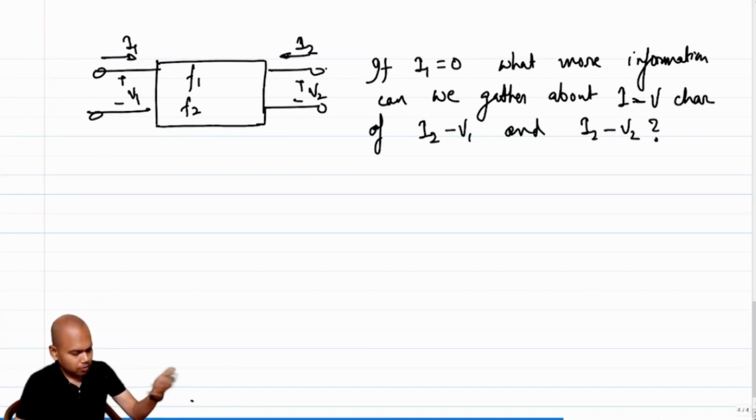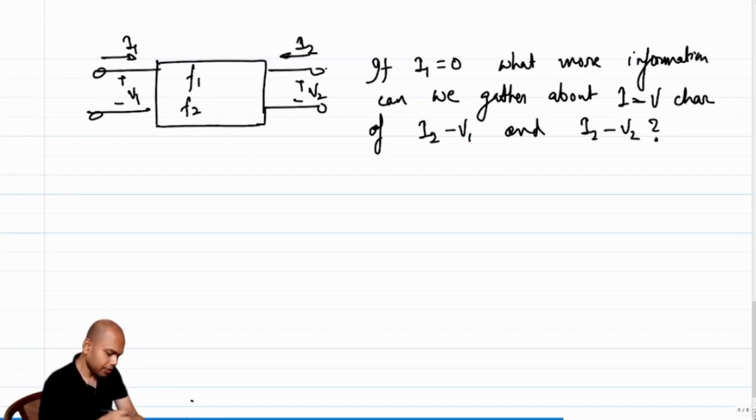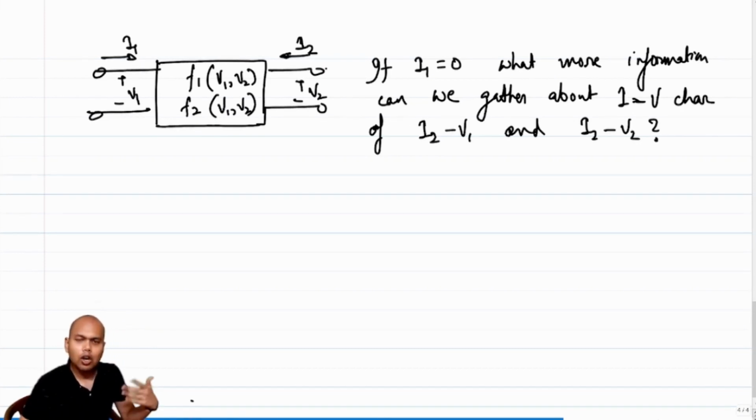So now going from this information to the next information, right? What we are essentially saying is that let's assume the stuff inside this box, the stuff inside this box, does not have any extra power sources, right?